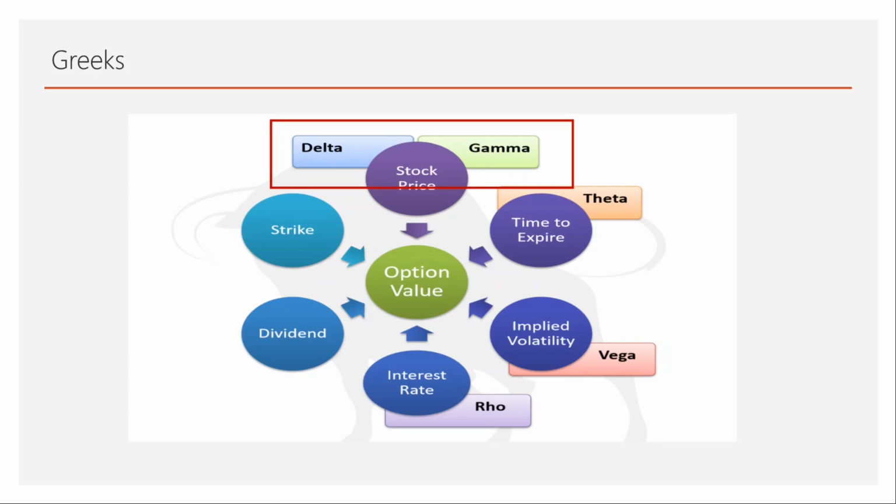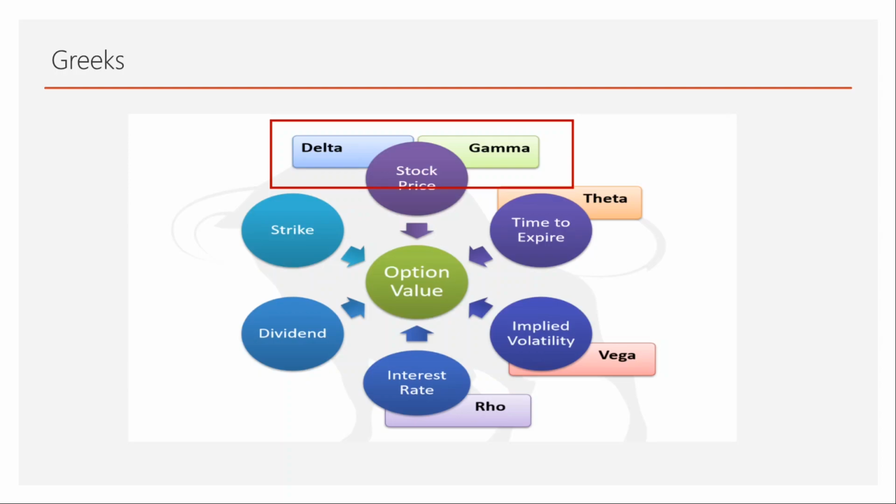Let me reiterate what I said in my previous videos. Options price consists of two parts, intrinsic value and extrinsic value. Intrinsic value is the difference between stock price and strike price. Extrinsic value is the difference between options price and intrinsic value, right?